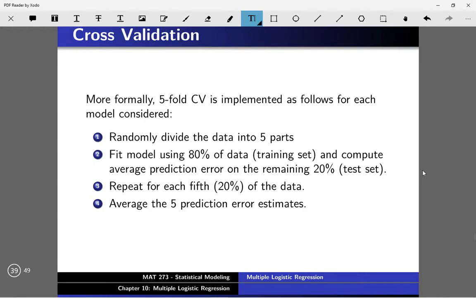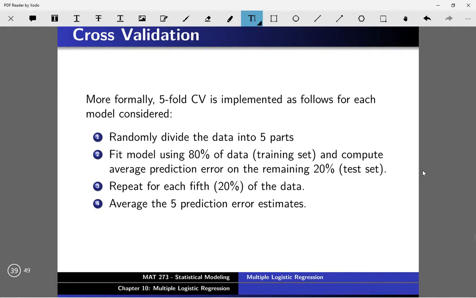And we fit a model 5 times, each time using a different 80% of the data, a different 4 of the 5 partitions, to train on. And then we predict for the left out partition, that left out 20% of the data, using the 5 different pieces as test sets. And so we repeat this for each fifth of the data.